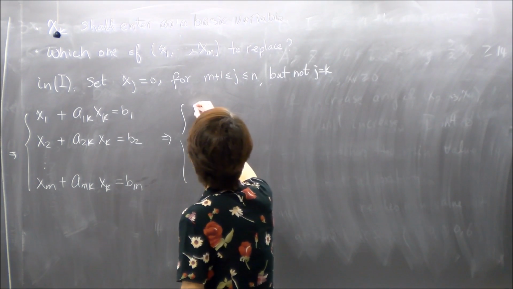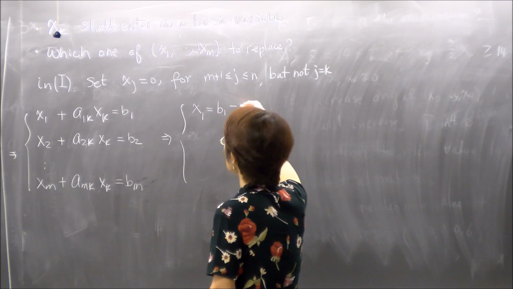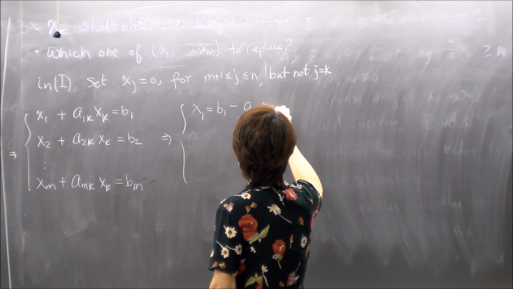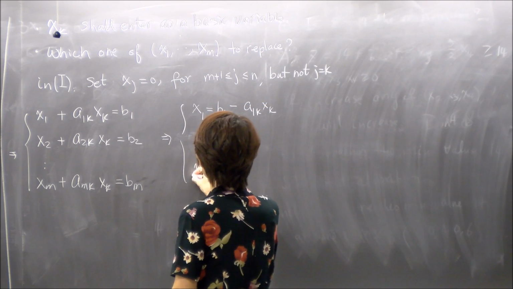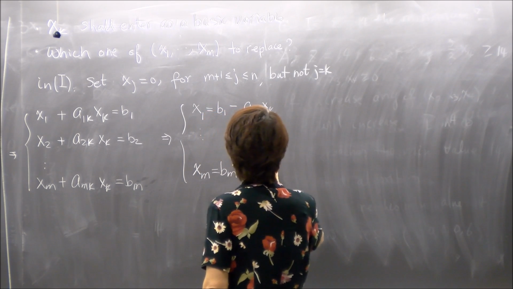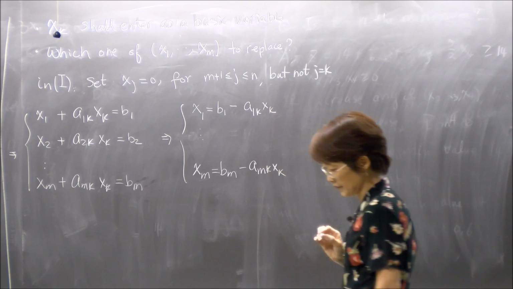This gives me x1 equals b1 minus a1k xk, and all the way to xm equals bm minus amk xk.